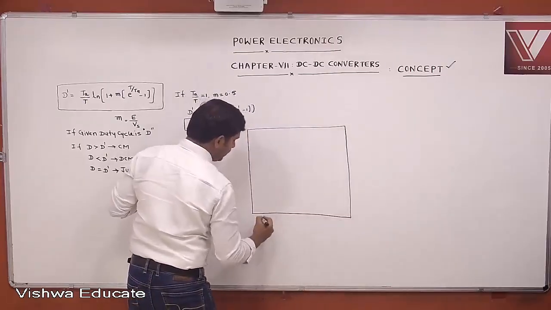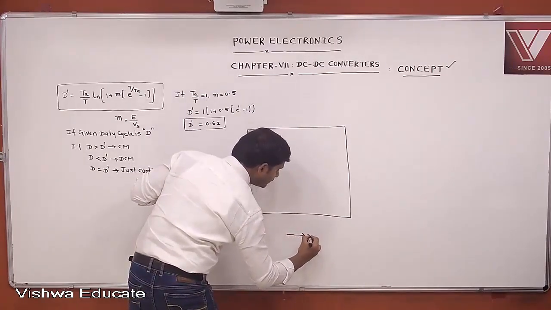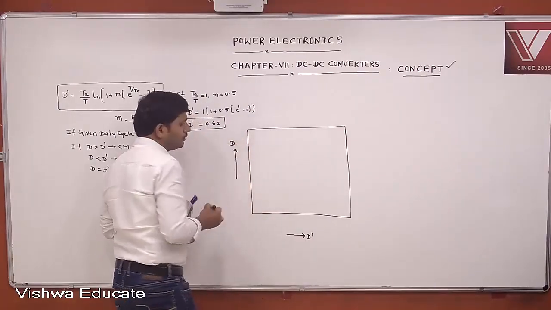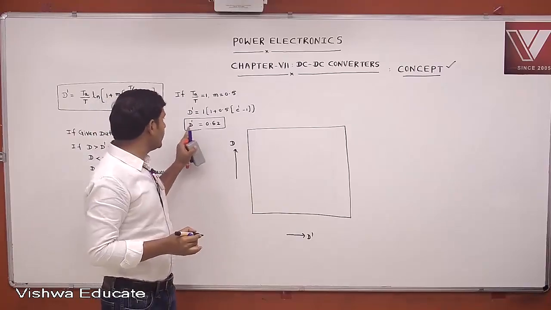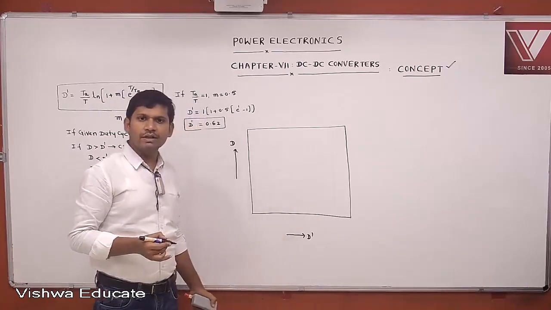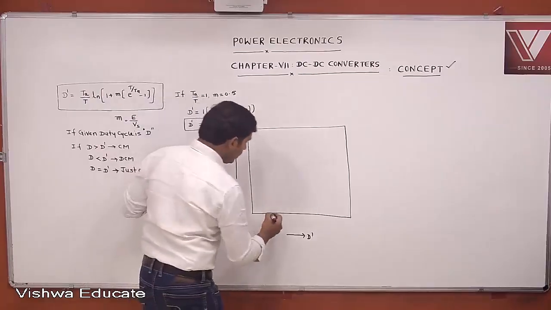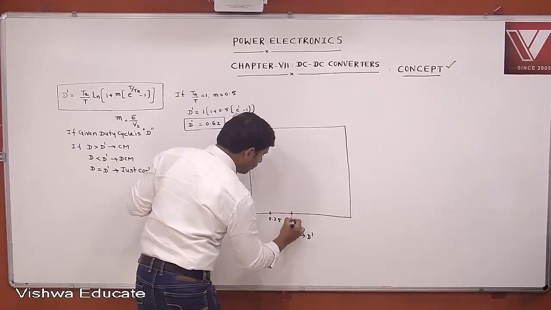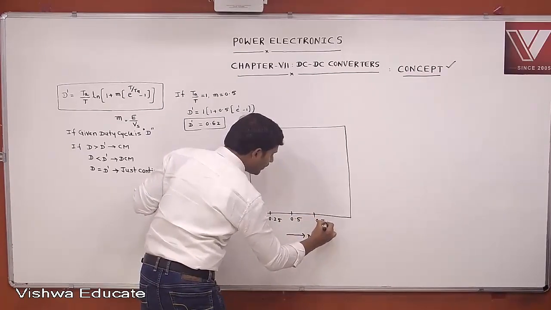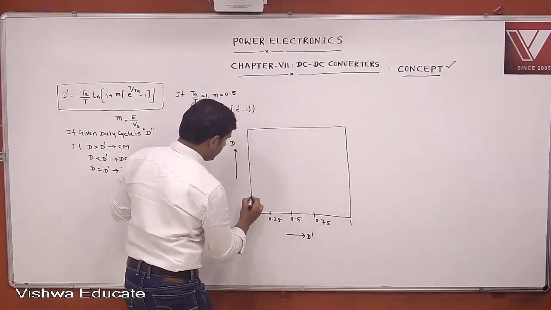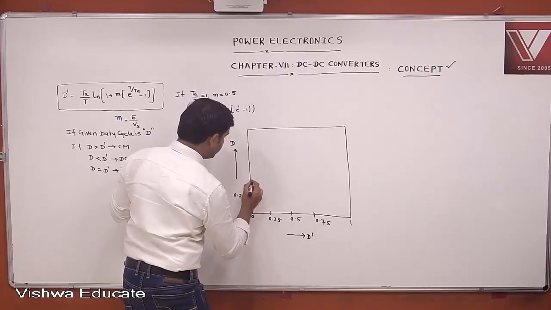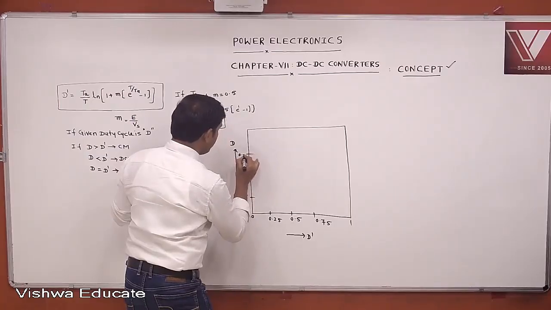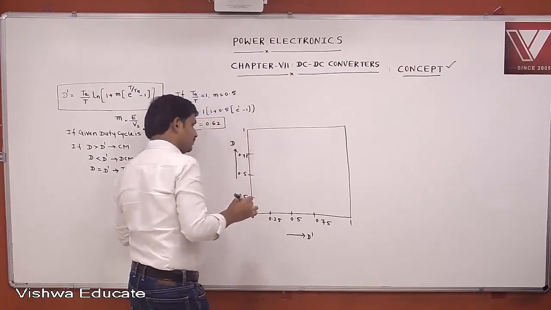Let in this axis I take D dash and in this axis I take D. D is the given duty cycle, and D dash is the calculated duty cycle at just continuous. Let this be 0, 0.25, 0.5, 0.75 and this is 1. Same 0.25, 0.5, 0.75 and 1.